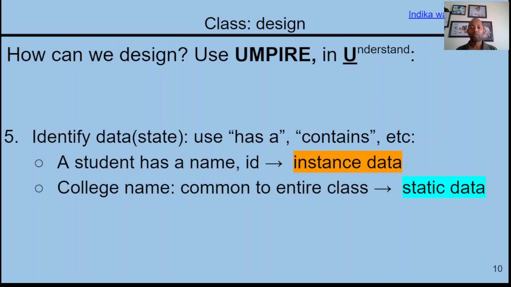In our student example, a student has a name or an ID, and those are unique to a student, so we call them instance data. If the student has the college name as well, and we are talking about students in the entire college, then it's common to all the students in the college. So that's a static data.